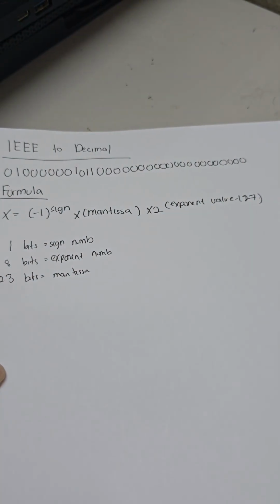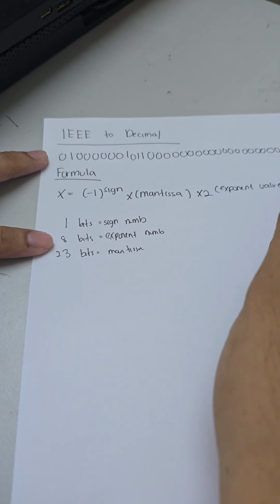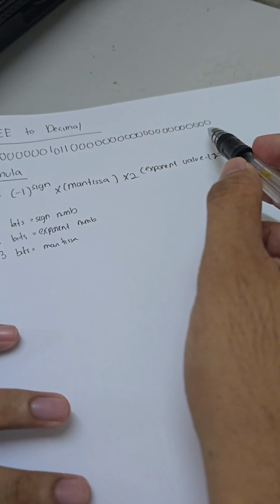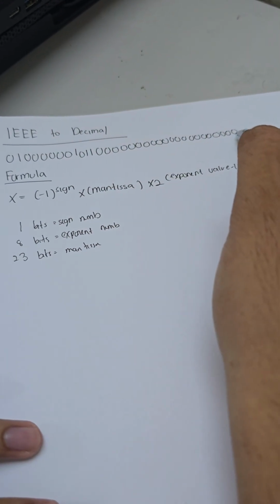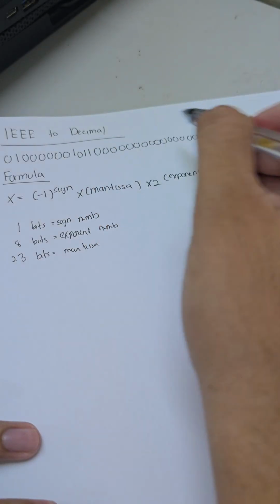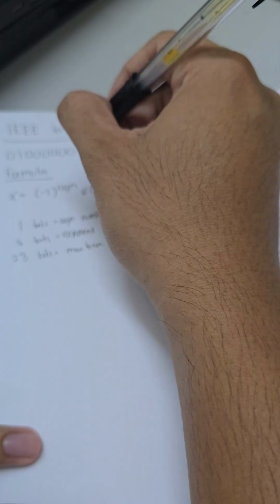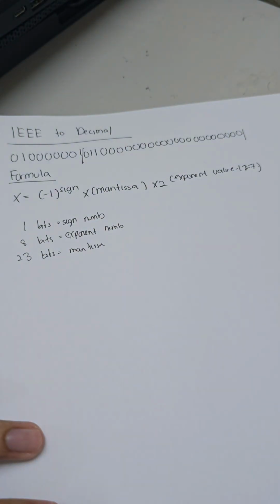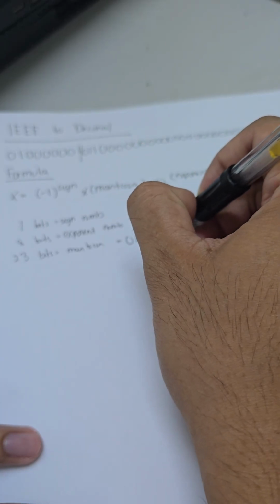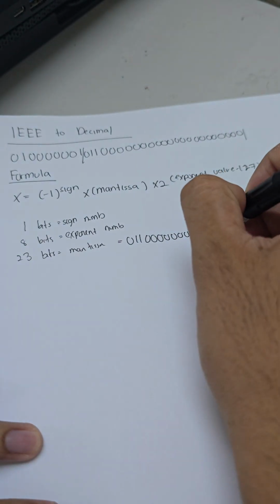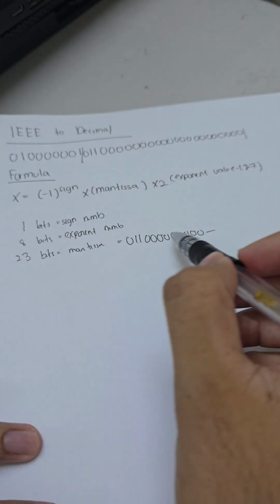So we can separate it. Counting until 23, that is our mantissa number: 011 followed by zeros until there are 23 bits.